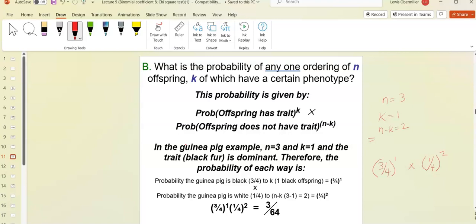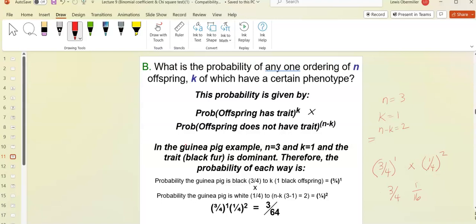But anyway, so we just multiply 3/4 to the first power, which is 3/4 times 1, which is 3/4. So we get 3/4, and then 1/4 to the second power is 1/4 times 1/4, which is 1/16, right?